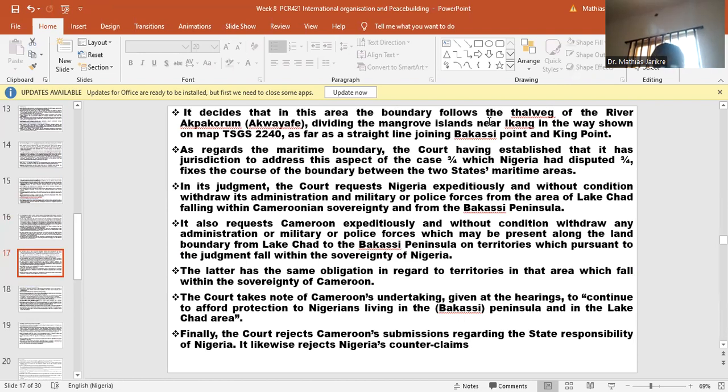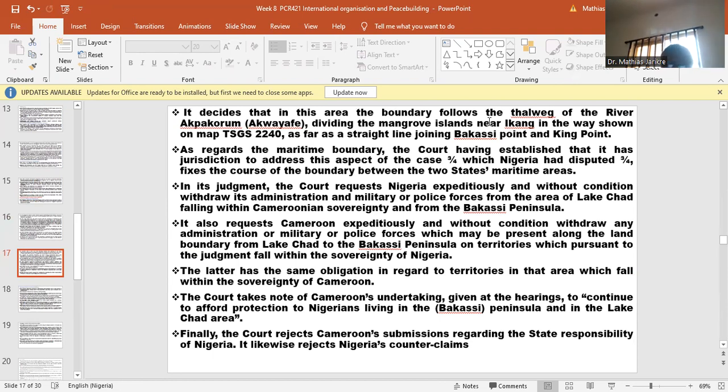Nigeria has the same obligation in regard to territories in that area which fall within the sovereignty of Cameroon. The court took note of Cameroon's undertaking, given at the hearing, to continue to afford protection to Nigerians living in the Bakassi Peninsula and in the Lake Chad area.